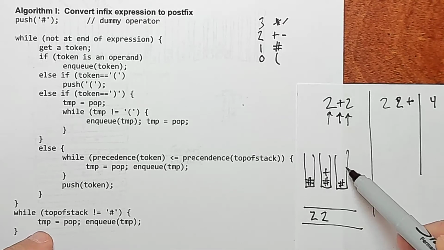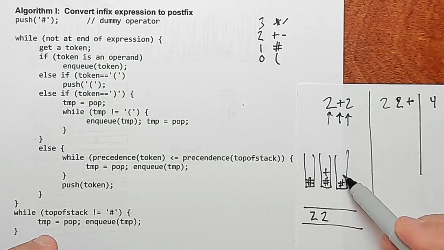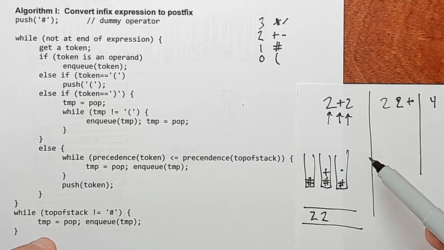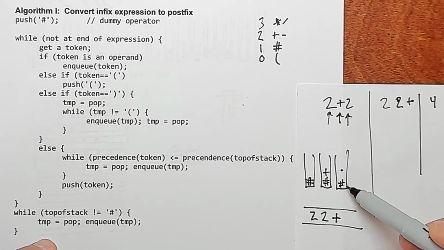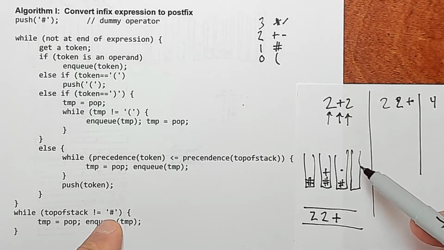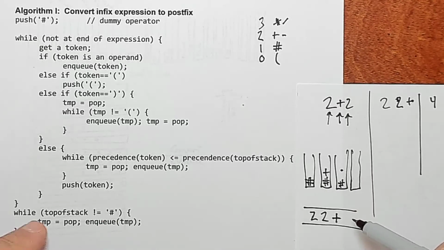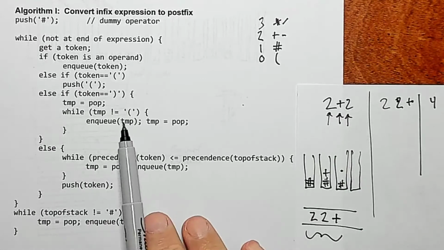So basically, you just move the contents of the stack onto the queue. Then we pop again, and that'll be this hashtag, so the loop will terminate, and the hashtag won't get enqueued. So this is the answer right here. That's this algorithm executing with a simple expression with no parens.